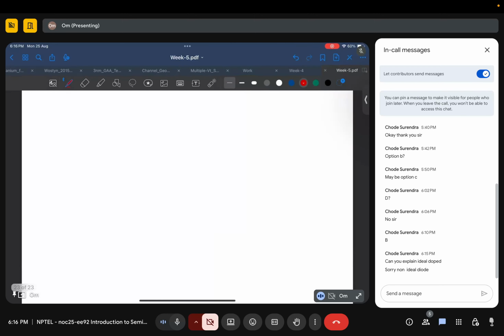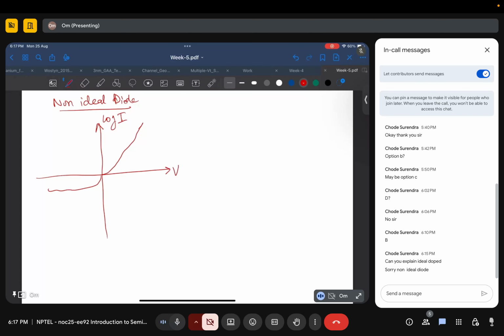So in a non-ideal diode, right? So ideally, this is, let's say, the ideal diode characteristics. So it's log I versus VA, and this is minus I and minus VA.